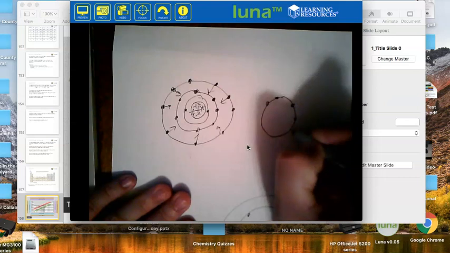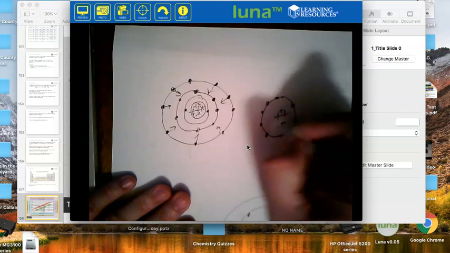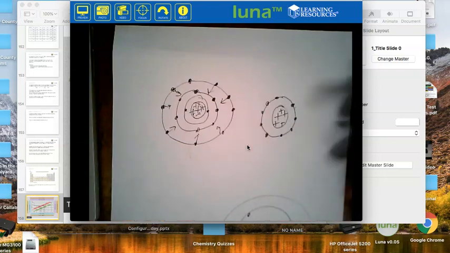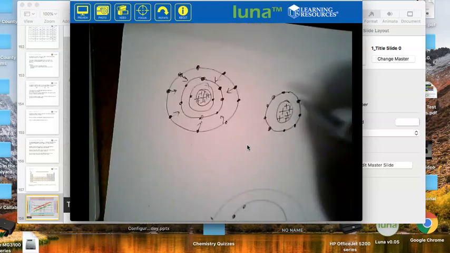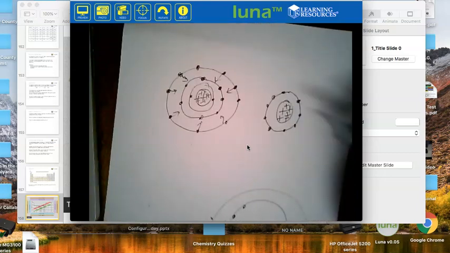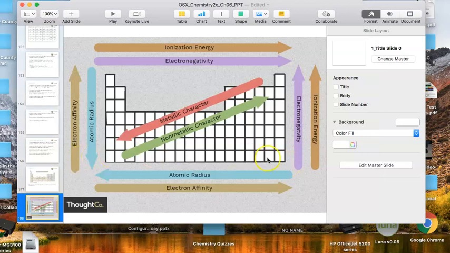You're adding electrons, but you're adding protons too, and that one proton has a very large effect compared to one electron. So you get a smaller atom, and that explains why the size decreases from left to right. That's why the arrow is pointing in the opposite direction. This is an increasing atomic radius for atoms that have fewer protons and electrons.